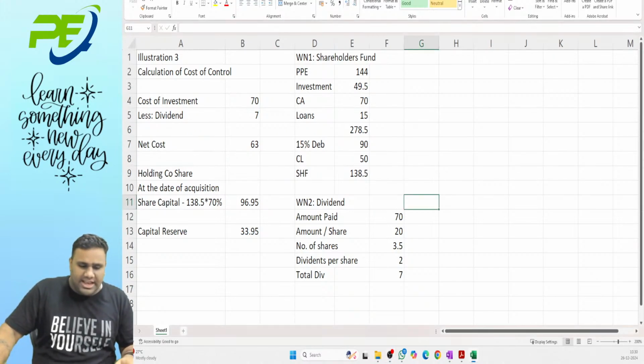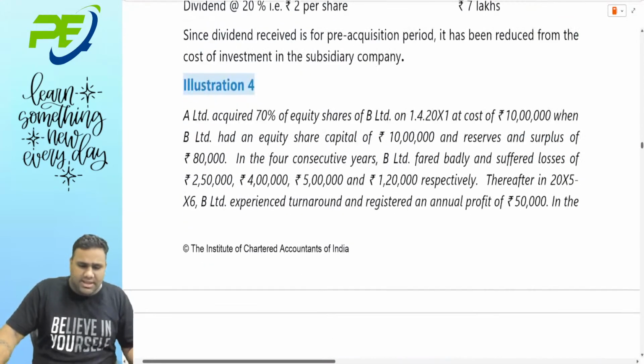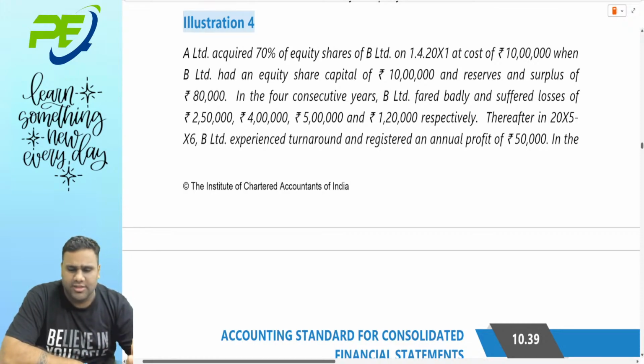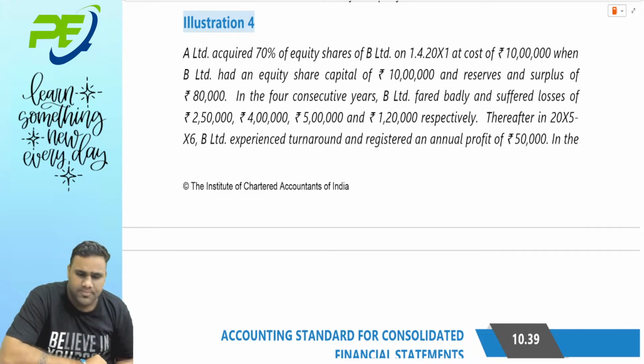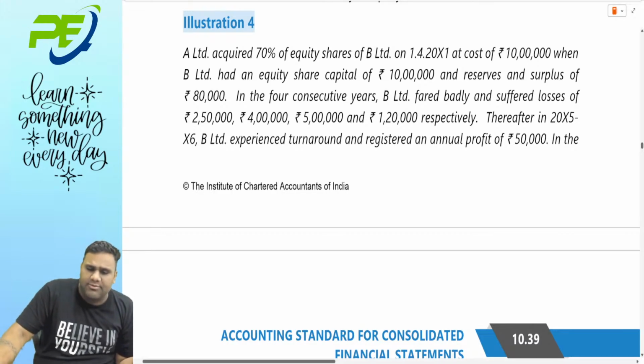Okay, so let's move on. Illustration number 4. A Limited acquired 70% equity shares of B Limited on 1st April, beginning of the year, at a cost of 10 lakh, when B Limited had equity share capital of 10 lakh and reserves and surplus of 80,000. In the 4 consecutive years, B Limited fared badly and suffered losses of 2.5 lakh, 4 lakh, 5 lakh, and 1 lakh 20,000 respectively.